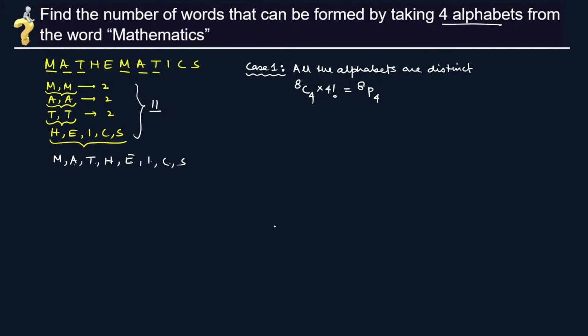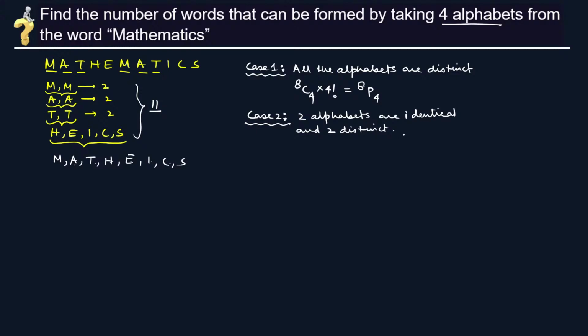Am I correct? Okay, so now let us consider case 2, in which 2 alphabets are identical and 2 are distinct. Now the question is, which 2 alphabets are identical?